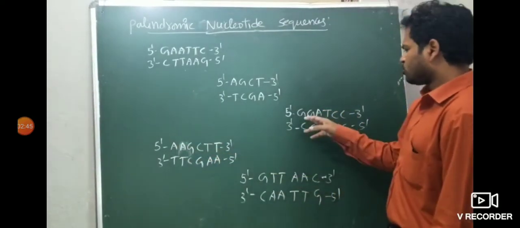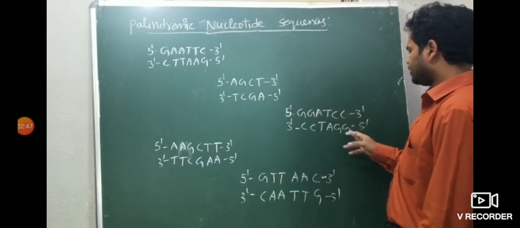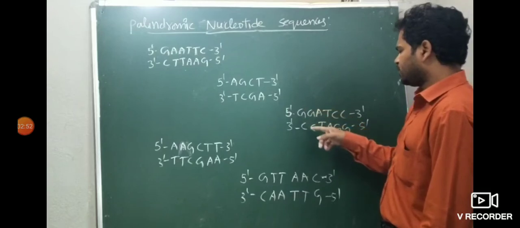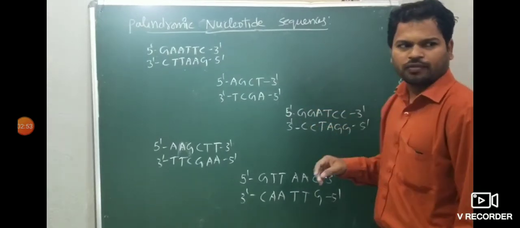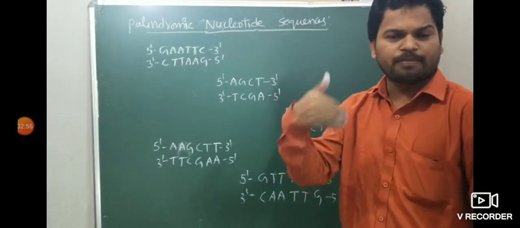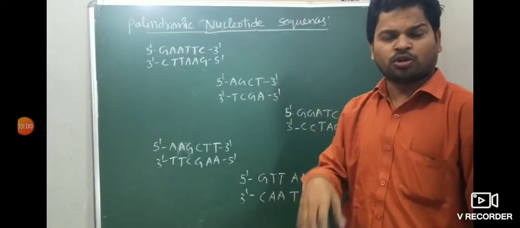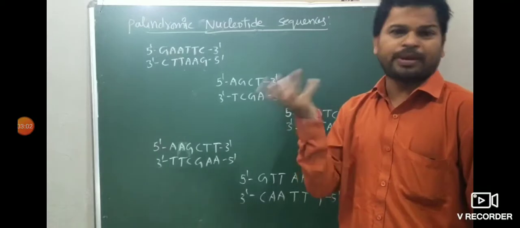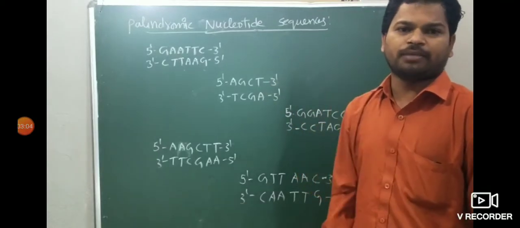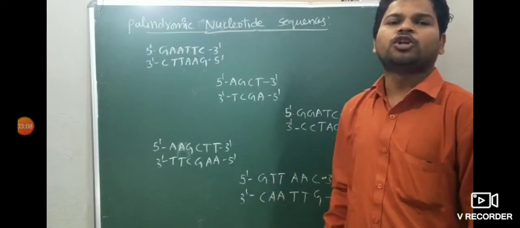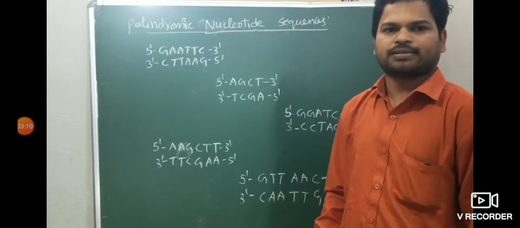Another one, GGATCC, or CCTAGG. So when we read both forward and backward, 5' to 3' in both strands or 3' to 5' in both strands, the reading frame is the same. These types of sequences are called palindromic nucleotide sequences.